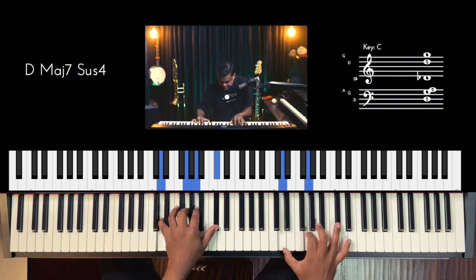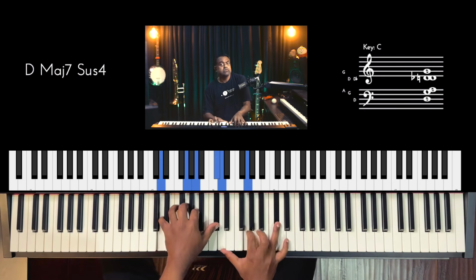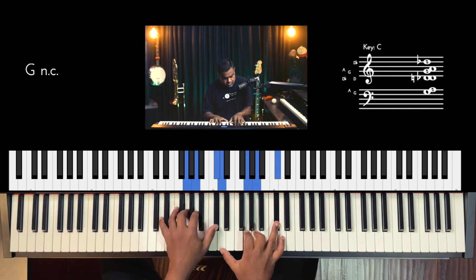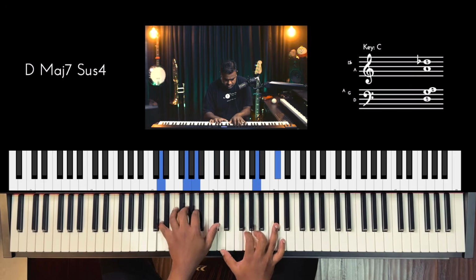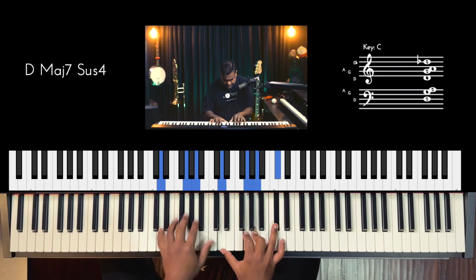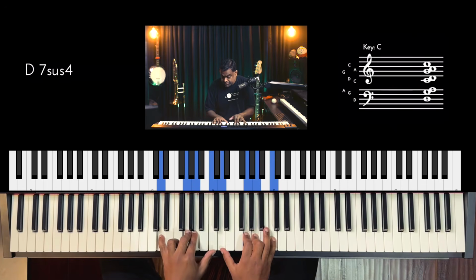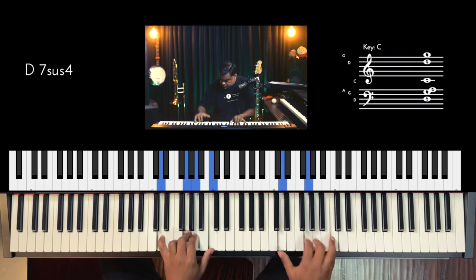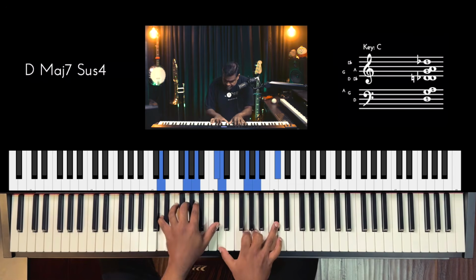Beautiful chord, especially when you arpeggiate it. So that's D major 7 sus 4, and now we have D7 sus 4, which is a sus chord with a minor 7th up top. Okay, D7 sus 4, D major 7 sus 4.